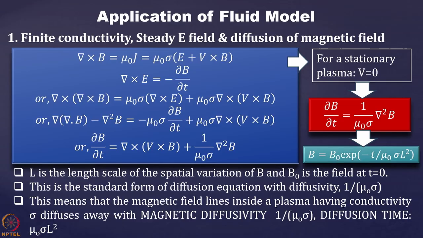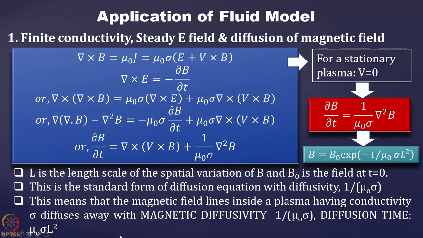So if plasma wants to get diffused away, the diffusion time depends on the sigma as well as the length scale of the plasma. If this plasma is a large volume plasma, it will take more time to diffuse away, and if conductivity is high, then it diffuses away very quickly.